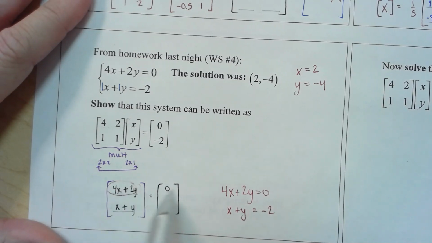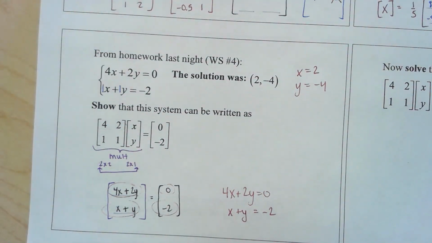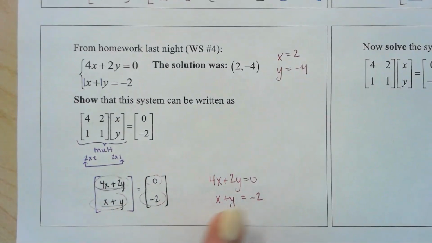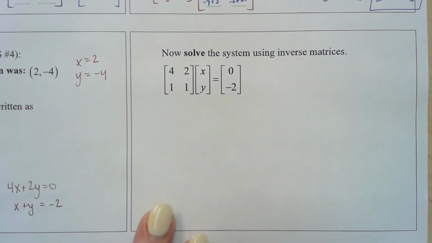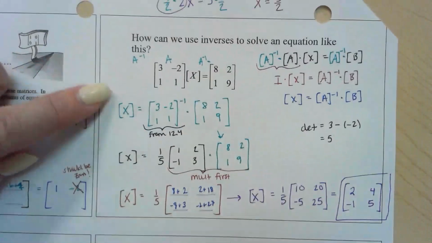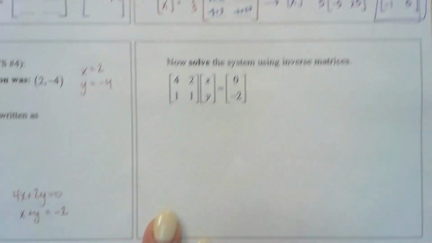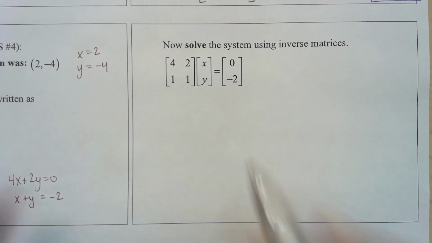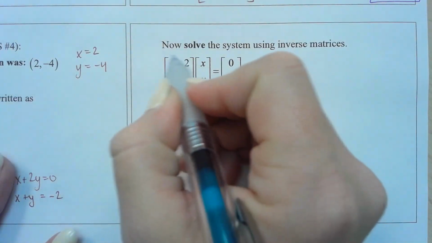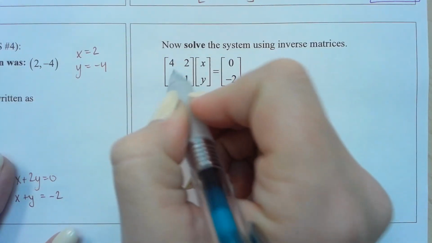Okay, so I set this element equal to that element, and this element, and now we're right back to where we started. Okay, why is this helpful? Because now we have another way to solve the system using what we did up here. How do we solve matrix equations? We're going to use the inverse. So if I want to get this matrix by itself, I'm going to multiply the other side by the inverse.